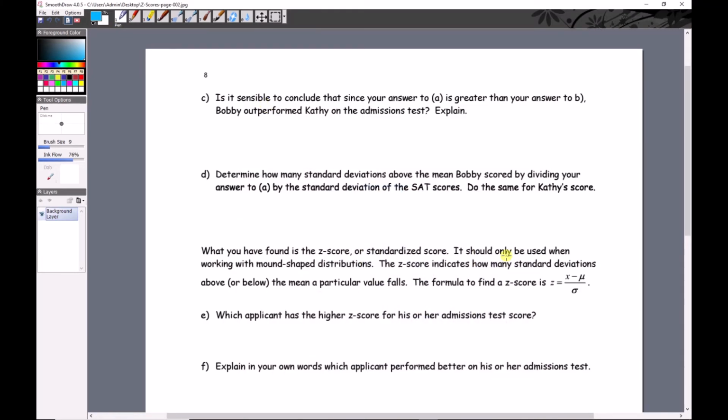So here's page 8, and the question is: is it sensible to conclude that since your answer to A is greater than your answer to B, Bobby outperformed Kathy on the admissions test? We have to explain it. I would say no, you can't compare two test scores that are in a different metric.